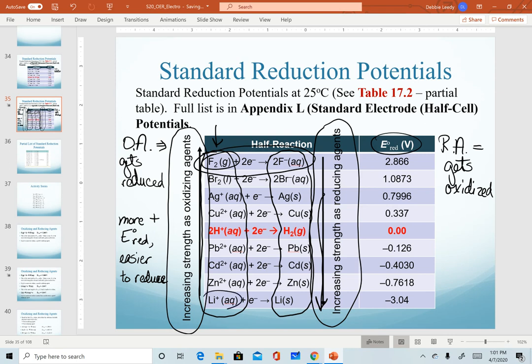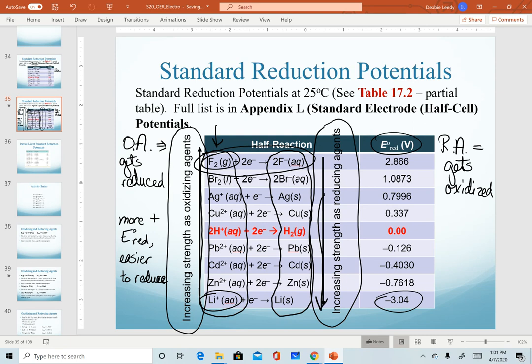Notice at the bottom of this list, we have the lithium ion. And lithium as a metal, we know would rather be oxidized than reduced. And so lithium ion is the hardest substance to reduce out of all of the elements in our periodic table.